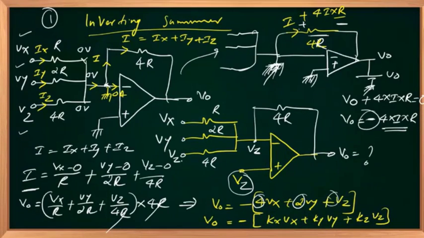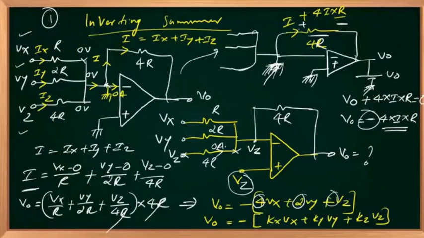Because the potential difference across 4R is Vz minus Vz, both are the same, so the potential difference is equal to 0. So no current flows through this branch. You can remove that branch, or the current contribution from this branch is equal to 0 amperes.